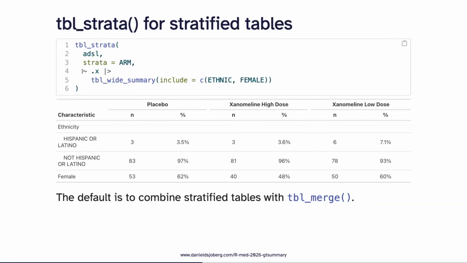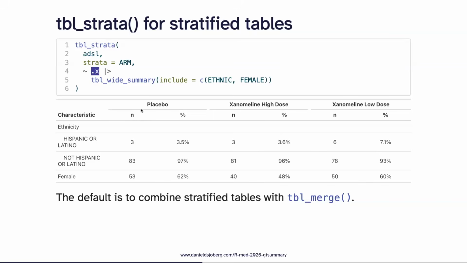So this is that formula syntax that you see all over the tidyverse for anonymous functions. You can also just create a proper function here. And .x is representing the stratified piece of ADSL within each of the arms. So within each stratum, this is a stratified or subsetted table of ADSL, and I'm making a wide summary.